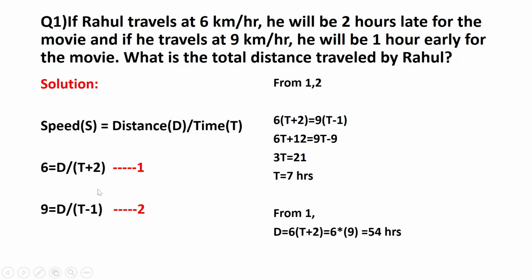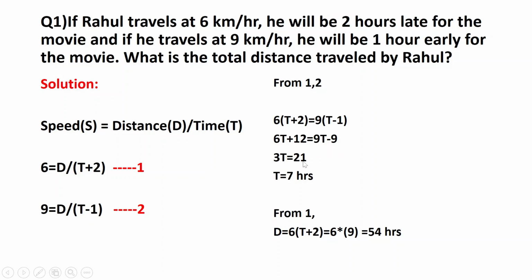So from 1 and 2, I can say that 6 into (T + 2) is equal to 9 into (T - 1), since D remains constant. Therefore 6T + 12 = 9T - 9.